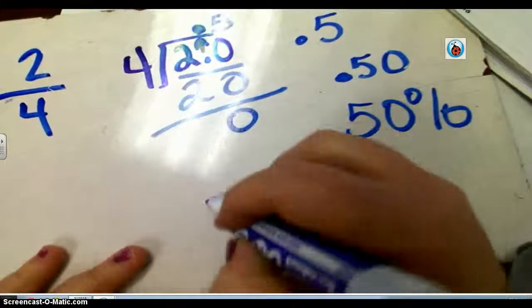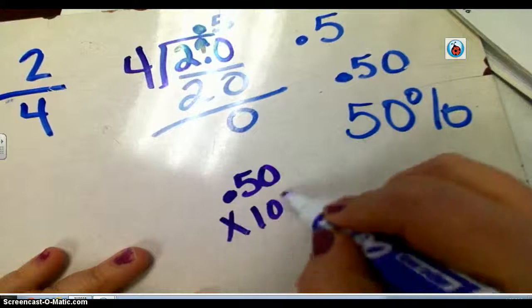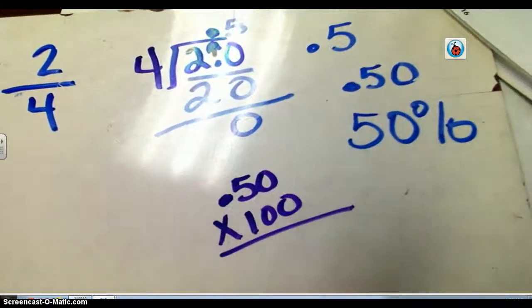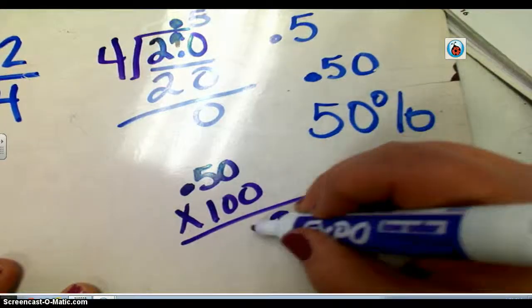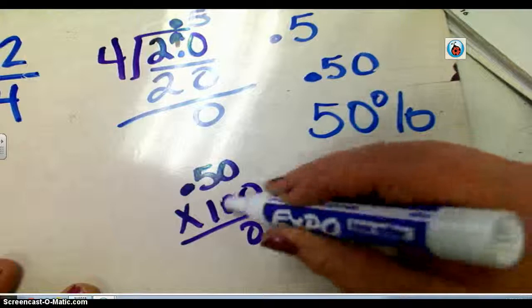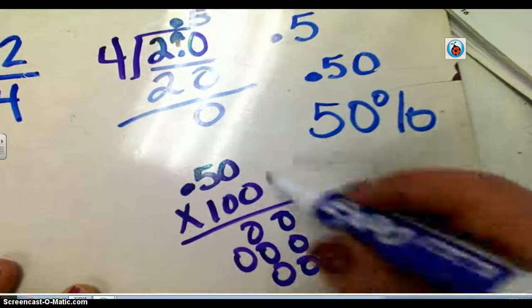Okay, so let's think about this, folks, very quickly. I'm going to run out of time here. If I have 0.50 and I want to multiply that times 100, okay, I can do all this math if I want to, but 0, 0, placeholder 0. 0, 0, I need 2 placeholder zeros.